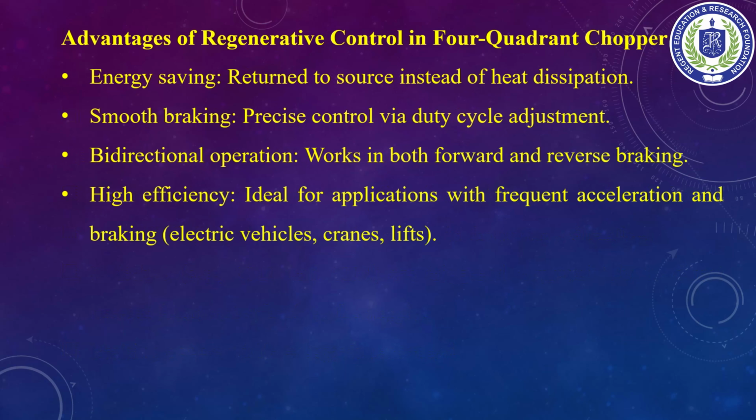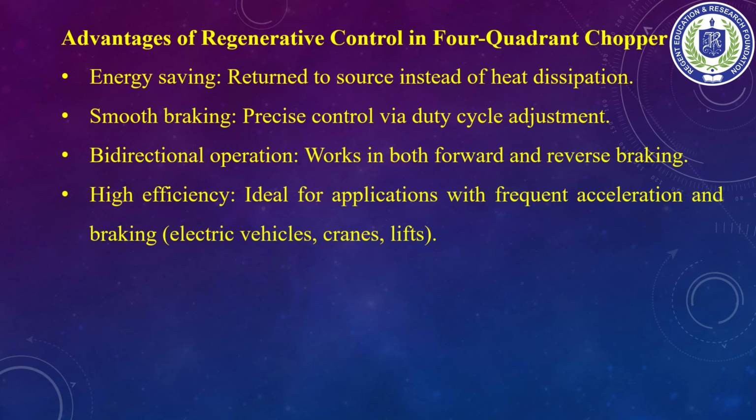What are the advantages of regenerative control in a four-quadrant chopper? First of all is energy saving, as energy is being returned to the source instead of being wasted in resistors as heat. Second is smooth braking, with precise control via duty cycle adjustment.